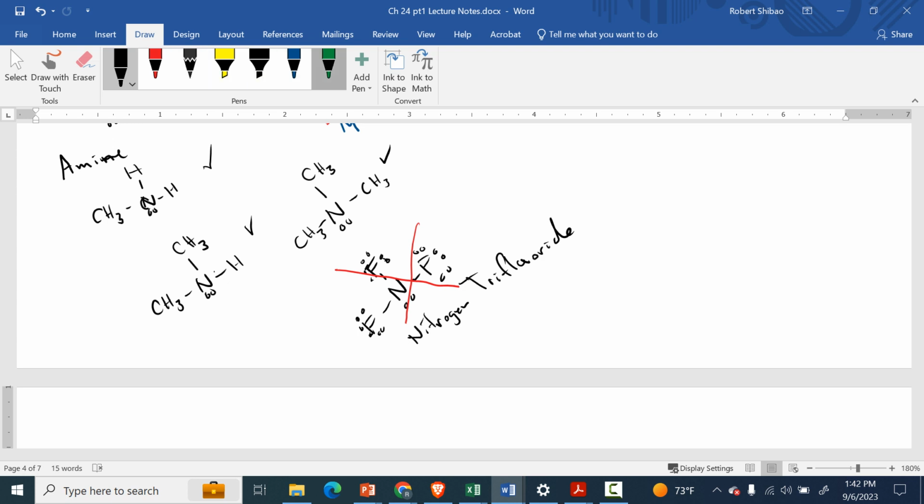If we were just looking at the bond polarities, these are all polar molecules. Nitrogen's more electronegative, so nitrogen would get the delta minus here. Nitrogen's more electronegative than hydrogen and carbon. Same thing here. This gets the delta minus. Nitrogen is more electronegative than the carbons here. This is going to get the delta minus.